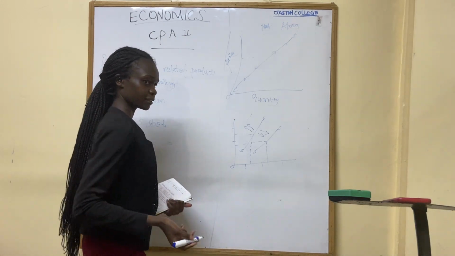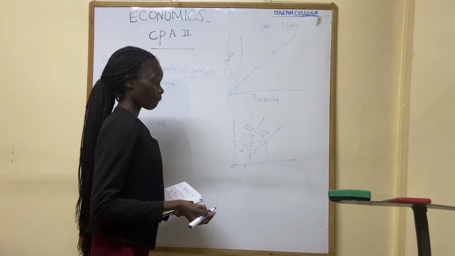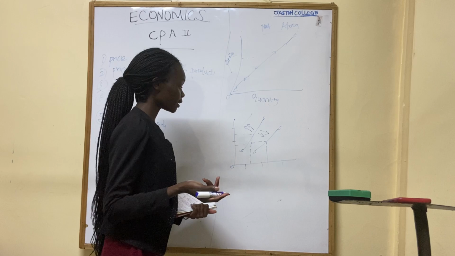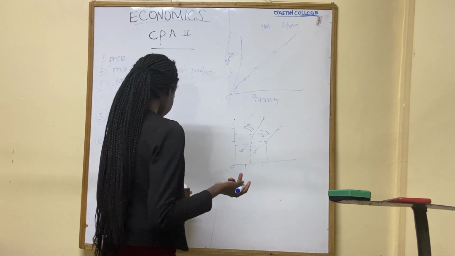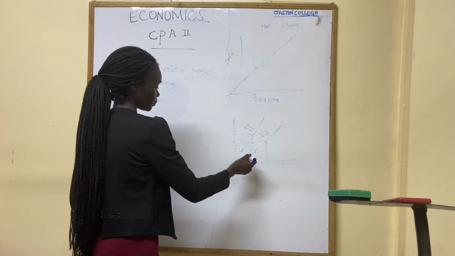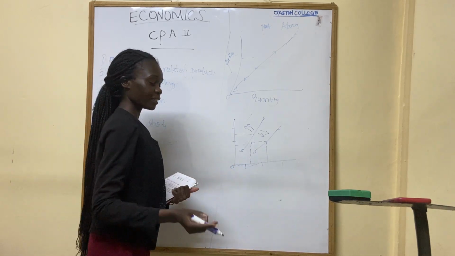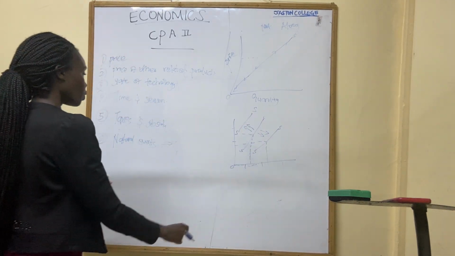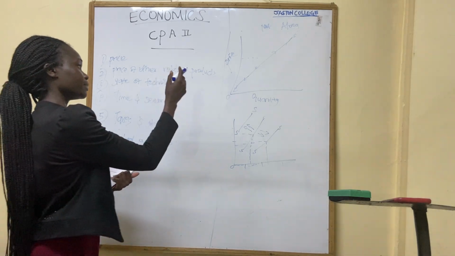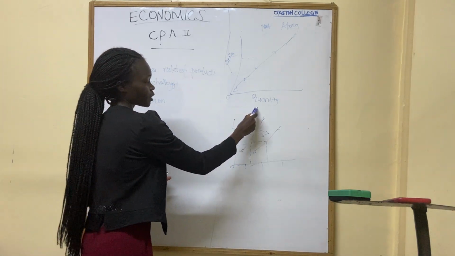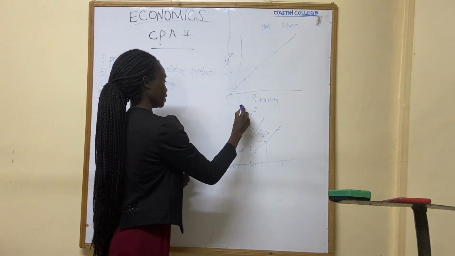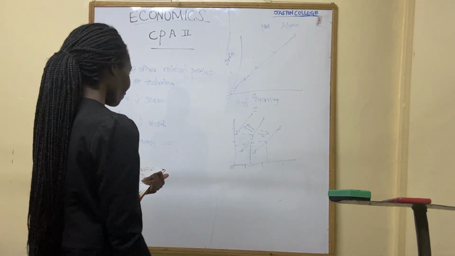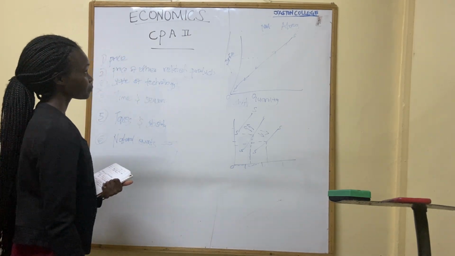In supply, if there is an increase in price, the quantity supplied will be high. And when there is an increase in demand, there is also an increase in supply. So we are done with movement along and shift, and with supply.